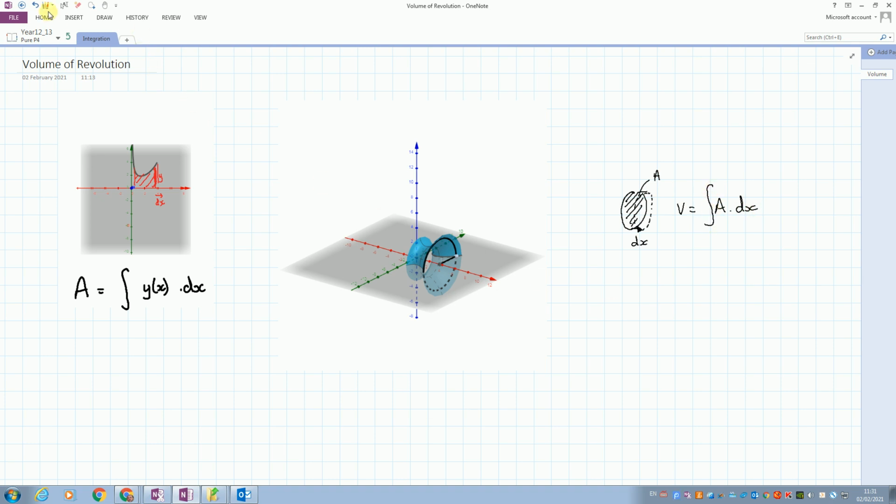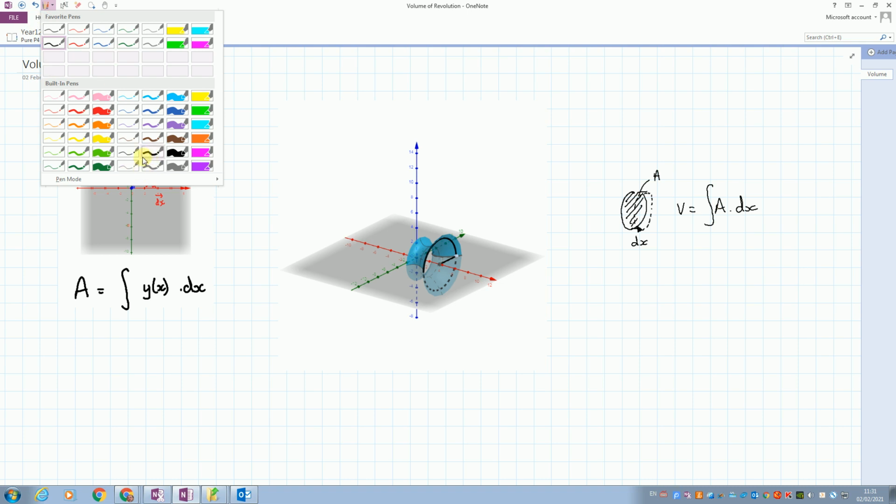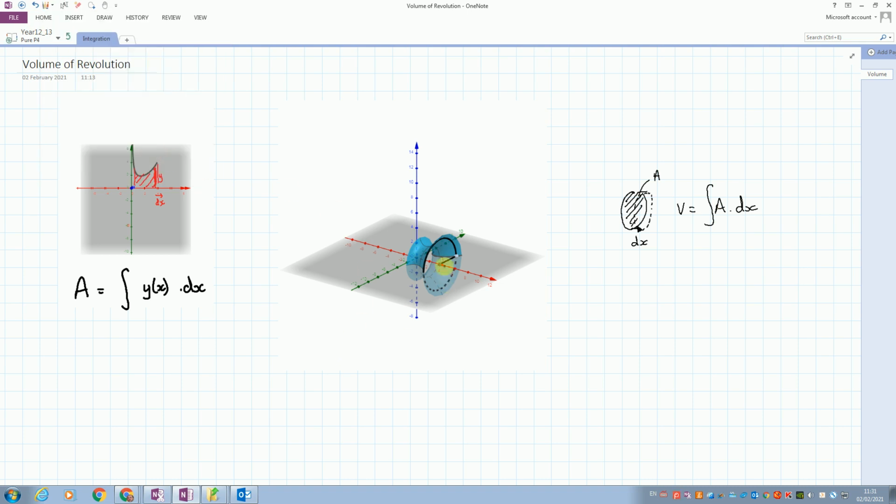So our more general form on the end is the volume of this cylinder, of this shape, is the integral of the area as it varies with x with respect to x.